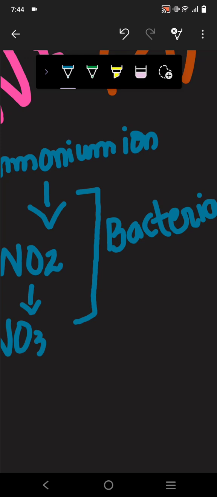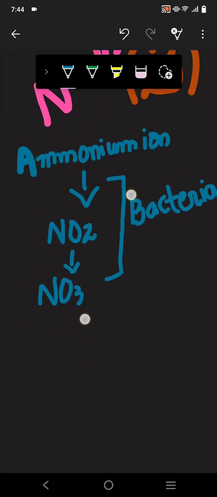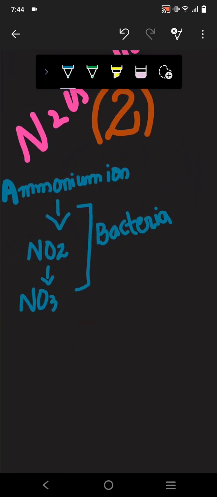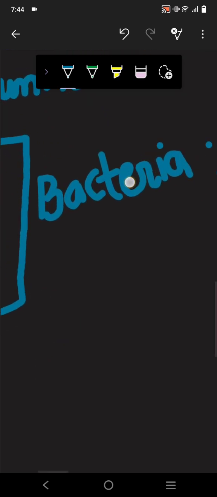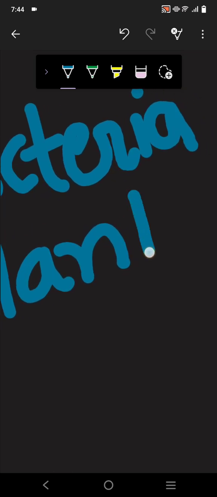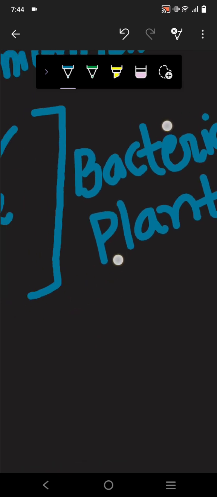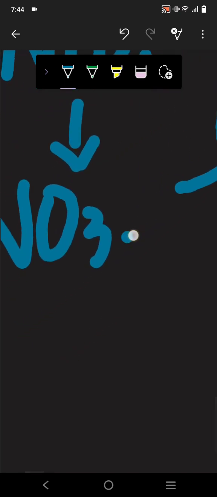Nitrate is a form of nitrogen in a useful form. And where is this all happening? In the plants. This is not happening in our body. We are eating plants, so by means of the plants we take this in. This nitrate is absorbed by our plants, and then we eat it.